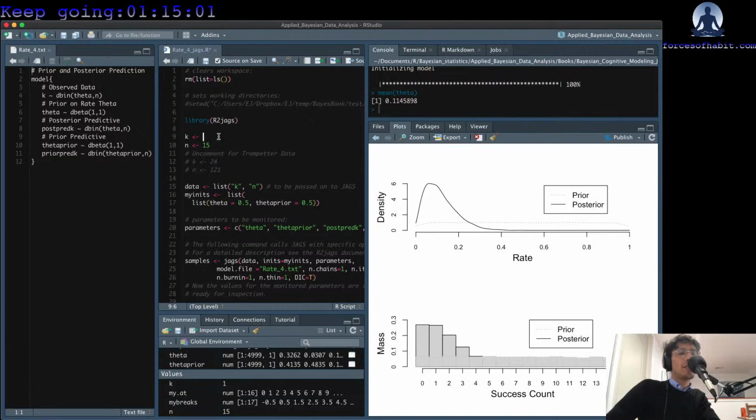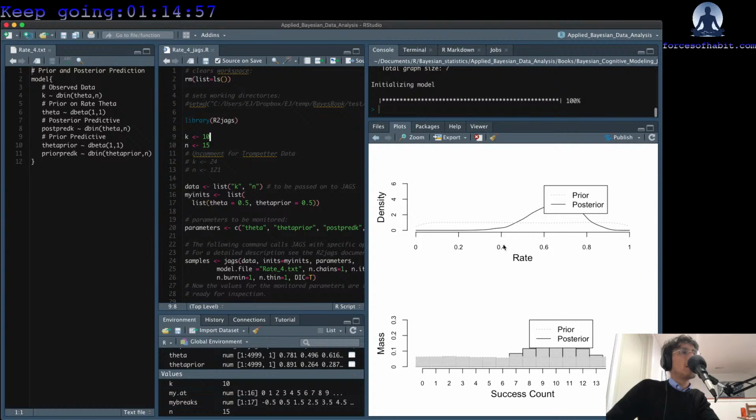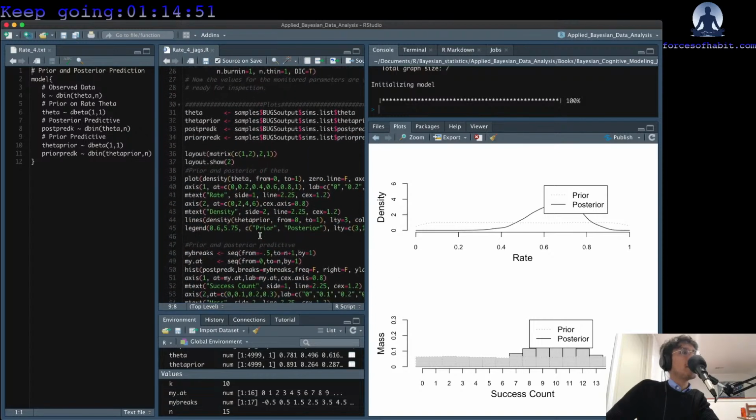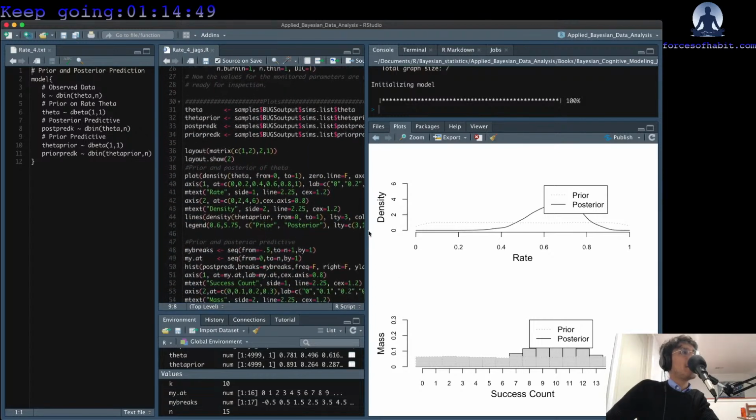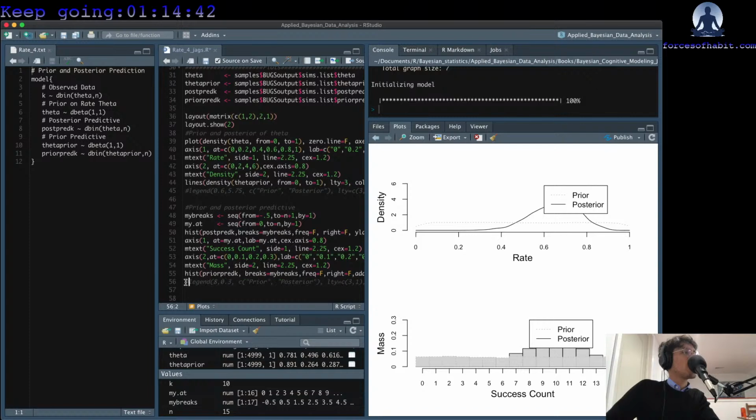And then we can change this. So say I change this to 10. See, it's moved. I don't like the legends. Better.